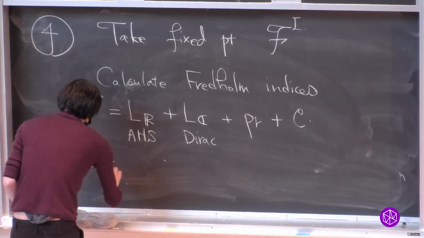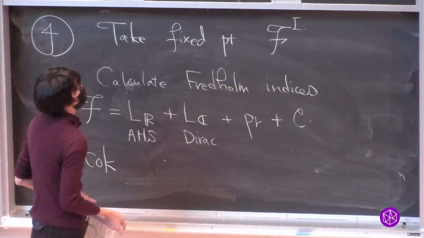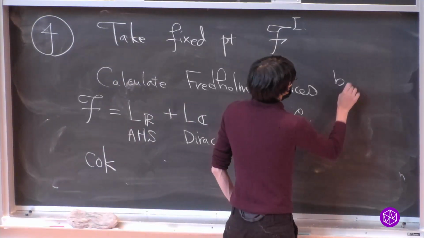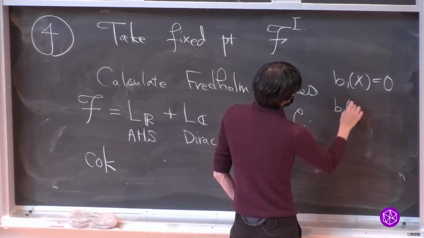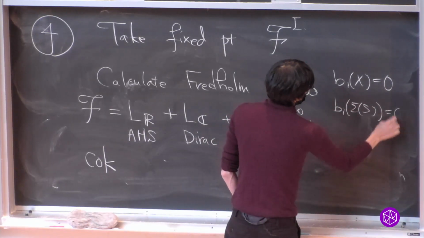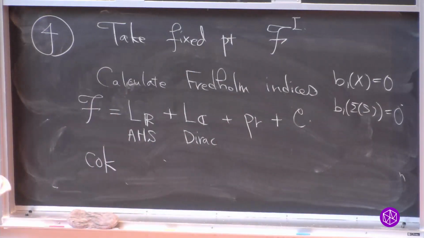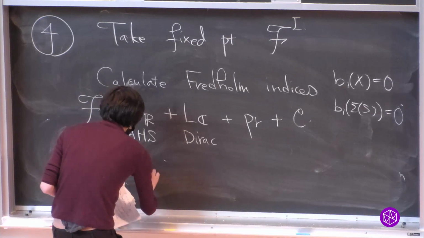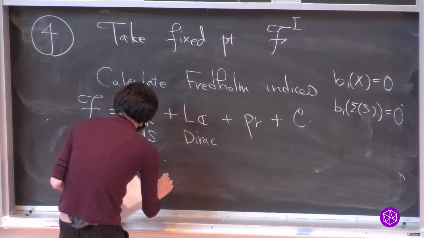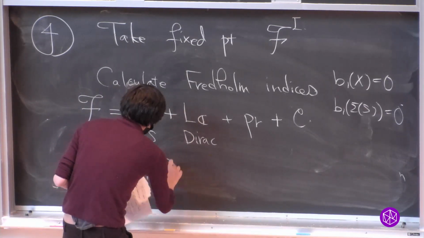If you write this down, we can say the cokernel of, so let me remind you, we are assuming the first Betti number b1 is 0, and so that implies the b1 of the double branched cover is also 0. So let's ignore the b1 part. And then the invariant part, we need to think about the invariant part.